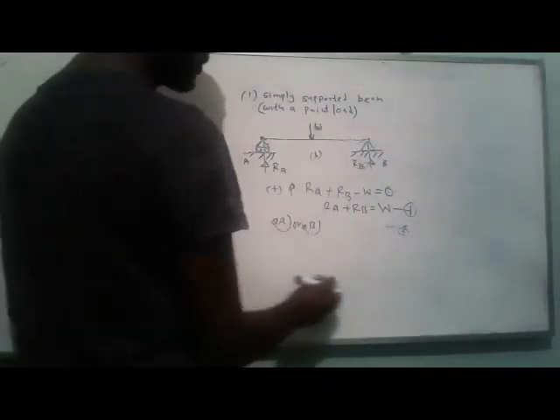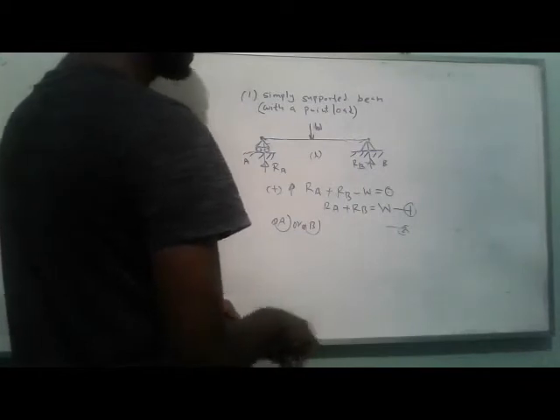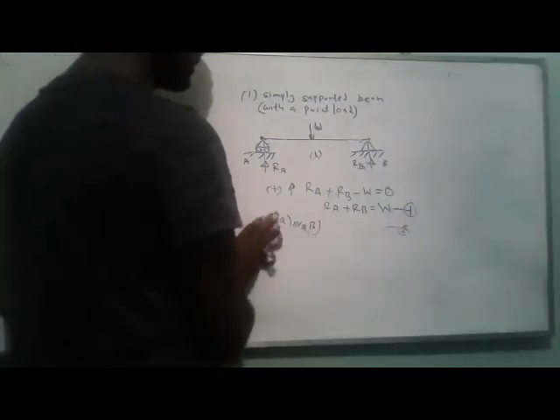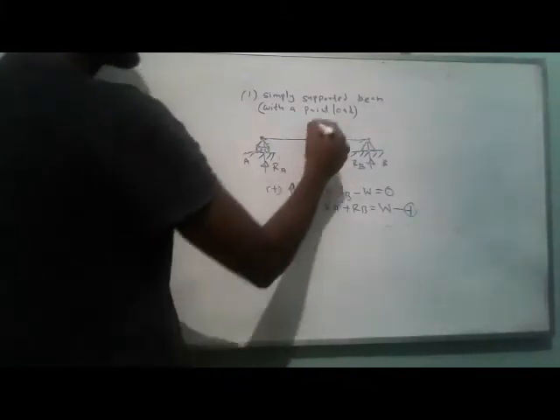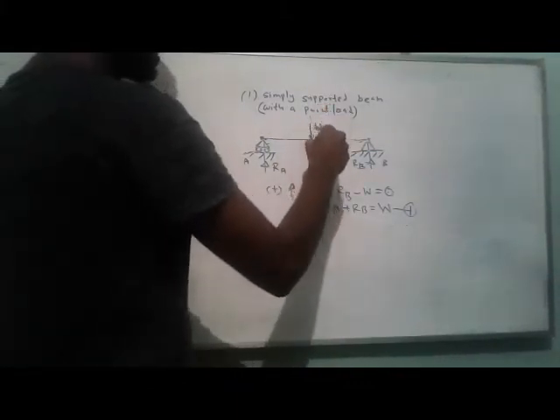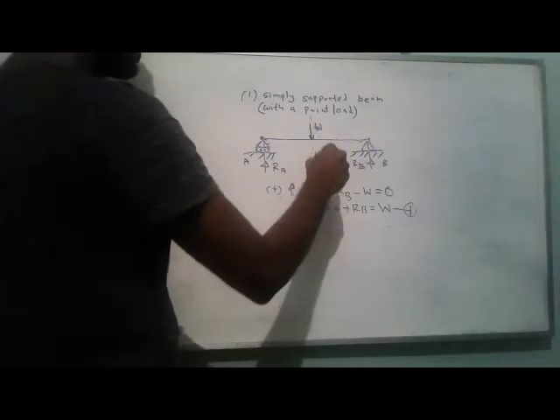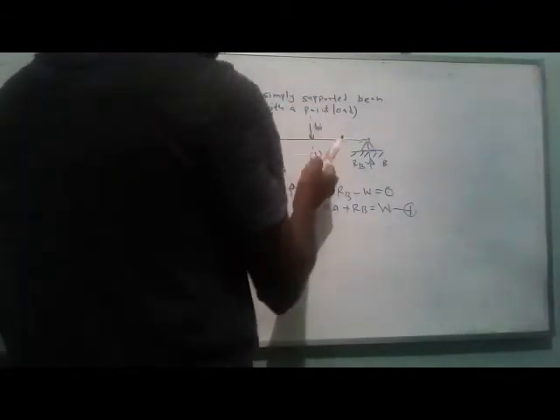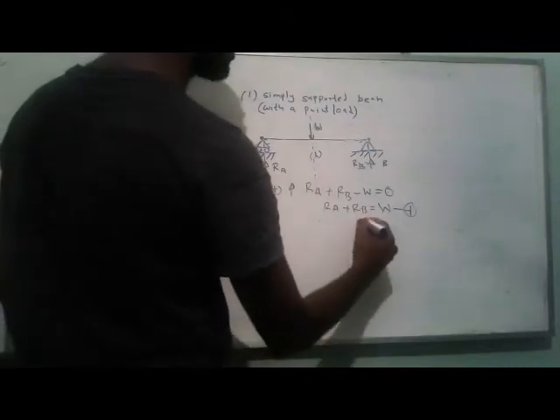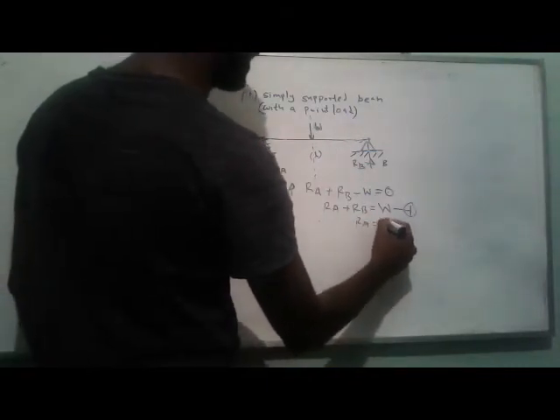But here I am not going to take another equation by taking moments, because this is a symmetrical system. That symmetrical axis is this one. So you can think that this is a symmetrical loading system. Therefore RA is equal to RB.